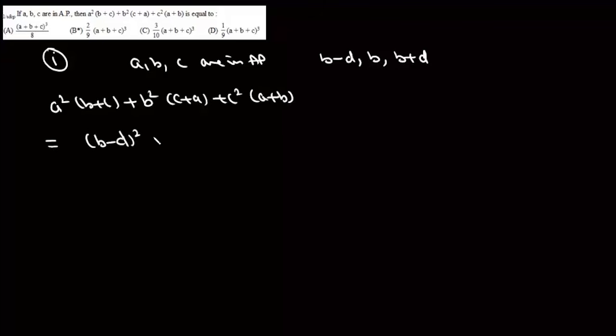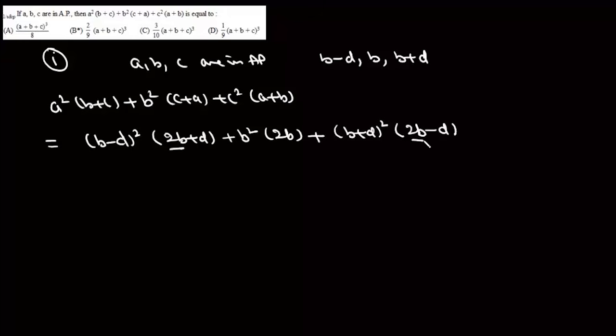So this expression A square (B plus C) plus B square (C plus A) plus C square (A plus B) will be equal to (B minus d) whole square, and B plus C will be 2B plus d, plus B square. Now C plus A will be 2B, plus (B plus d) square and (2B minus d).